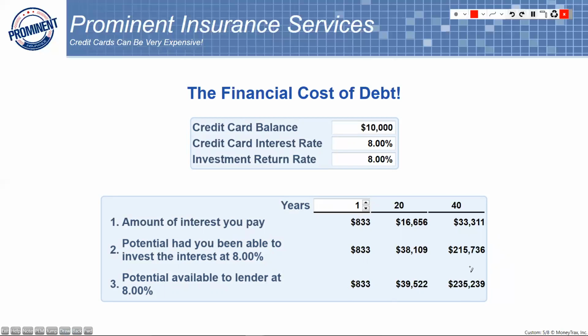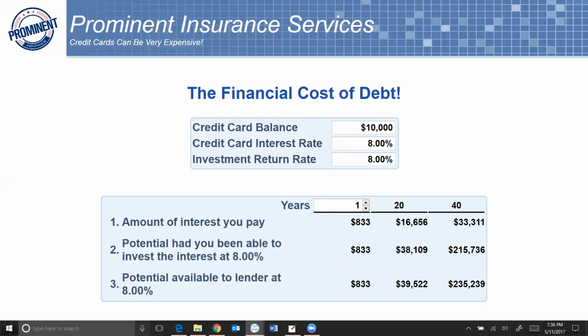So you want to be very mindful of debt, because you may pay this out in 40 years, but when 40 years come, you don't have that in your tank. You don't have $235,000 to retire off. So you want to be very careful when it comes to debt and purchases.